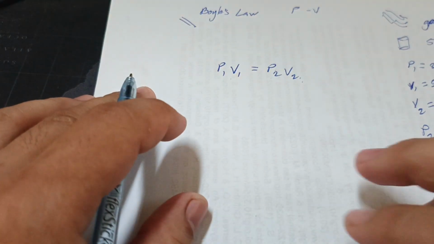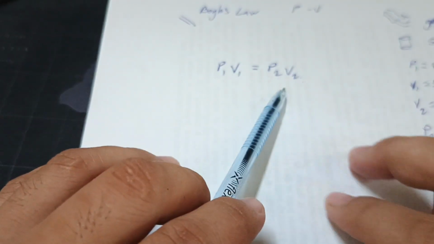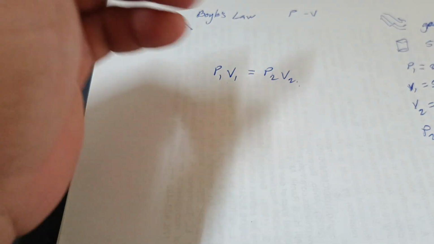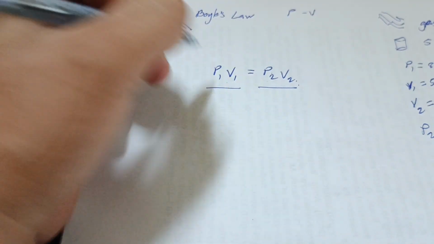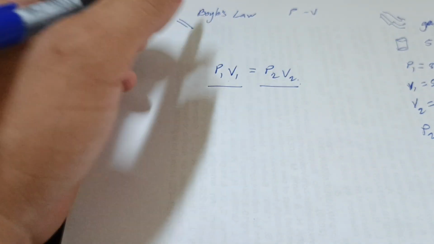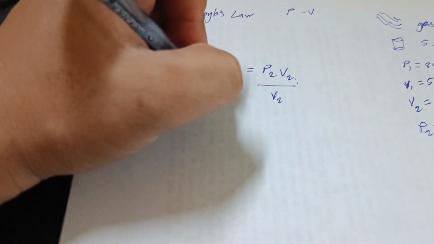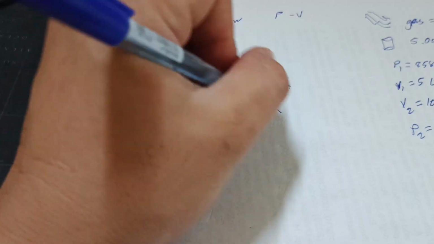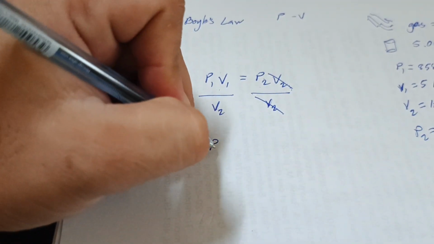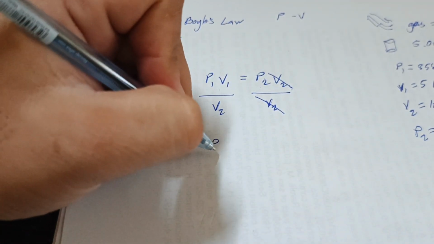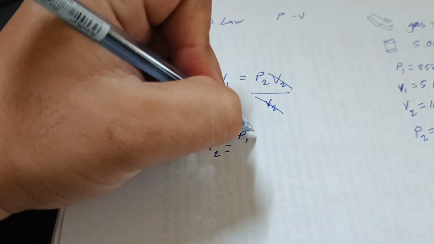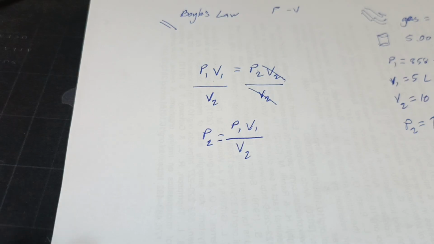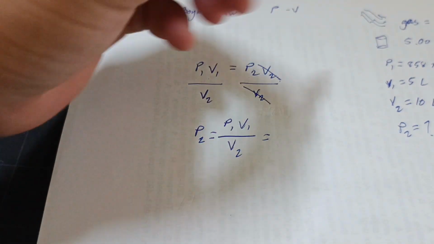So we have to isolate P sub 2 on the left side of the equation. All you have to do is divide both sides by V sub 2. So we can release P sub 2. This cancels, and your equation is now derived as P sub 2 is equivalent to P sub 1 times V sub 1 over V sub 2.